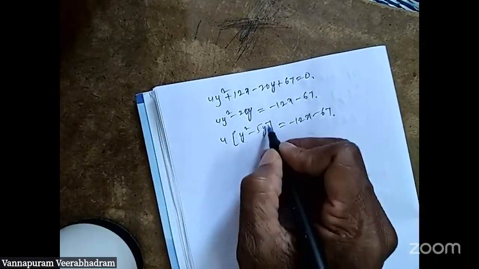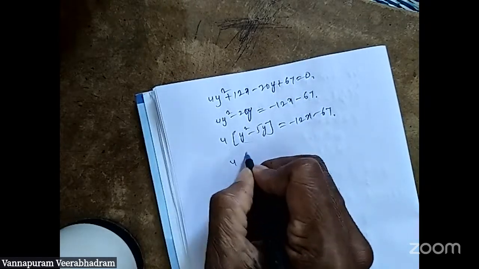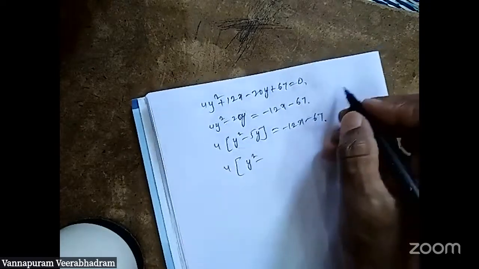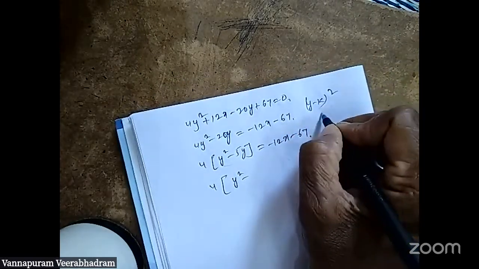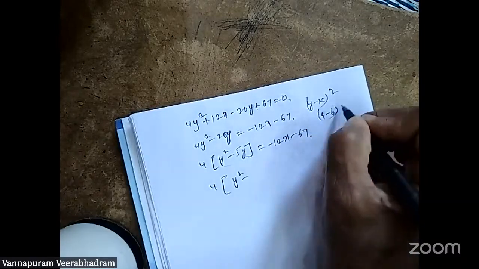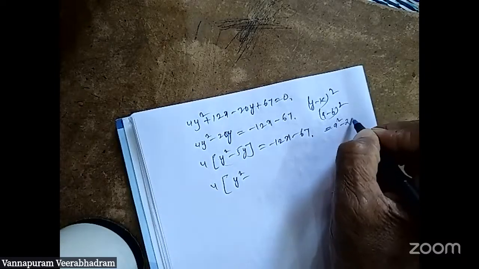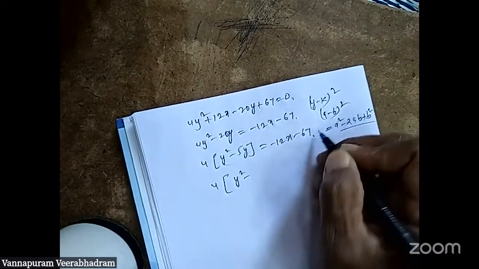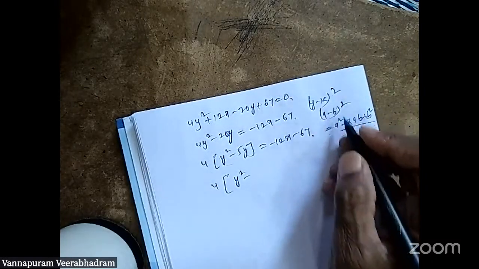Now transform these terms into the form y minus k whole square. Here y minus k whole square is in the form of a minus b whole square, so that is a square minus 2ab plus b square. We need to transform the equation to this form so that we can write the equation as y minus k whole square.